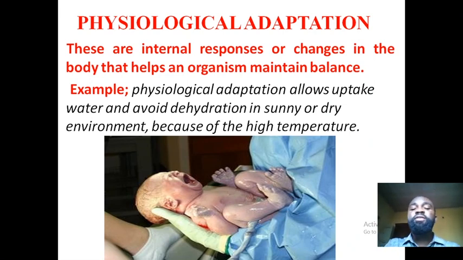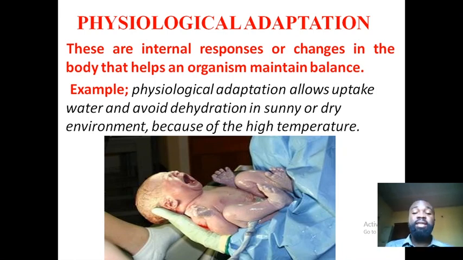Now, the function of the physiological adaptation, it allows uptake of water. Maybe for instance, when you were in Bayelsa or Port Harcourt, the availability or the limit of water you can take in your system maybe is 4 liters. It's 4 liters. When you get to the north where there's heavy sun, your system adjusts in a way that it might extend or expand the limit of liters your body can take.